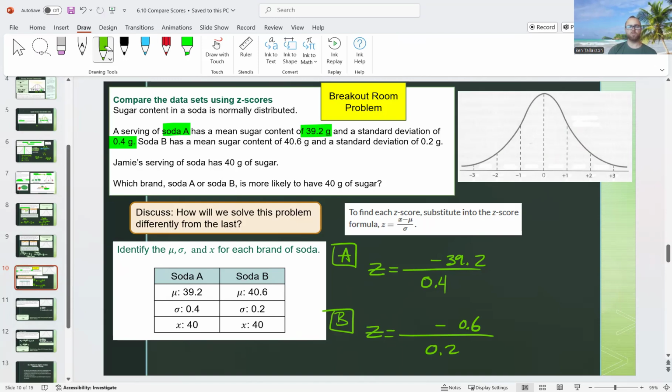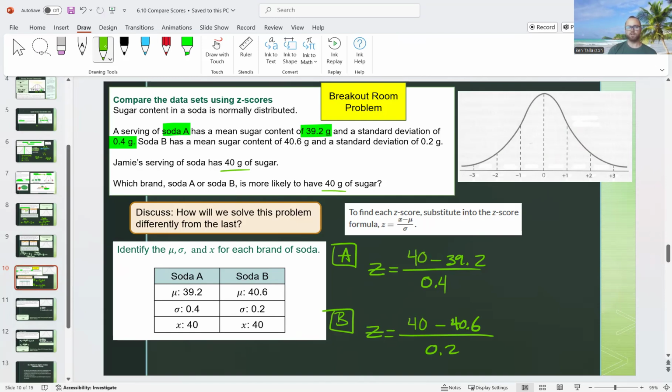Let's see what they want to know. They tell us Jamie's serving of soda has 40 grams of sugar. And Jamie wants to know which brand, soda A or soda B, is more likely to have 40 grams of sugar. So what's 40 represent? The raw score.